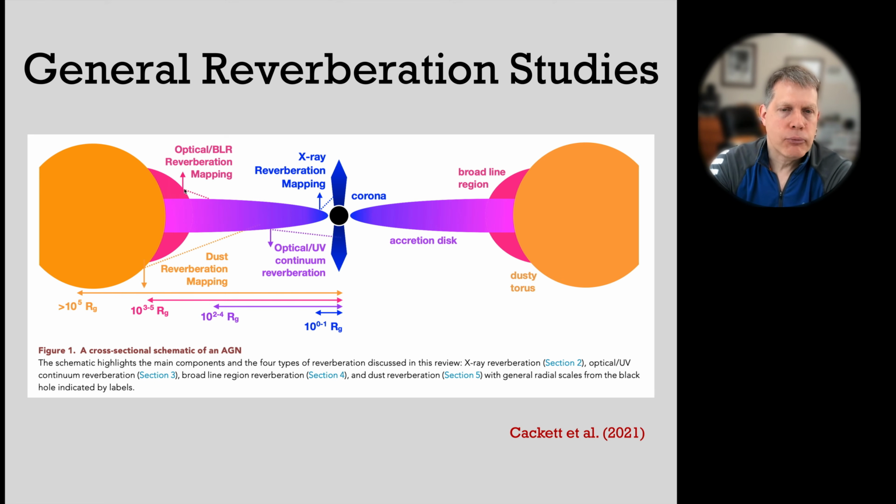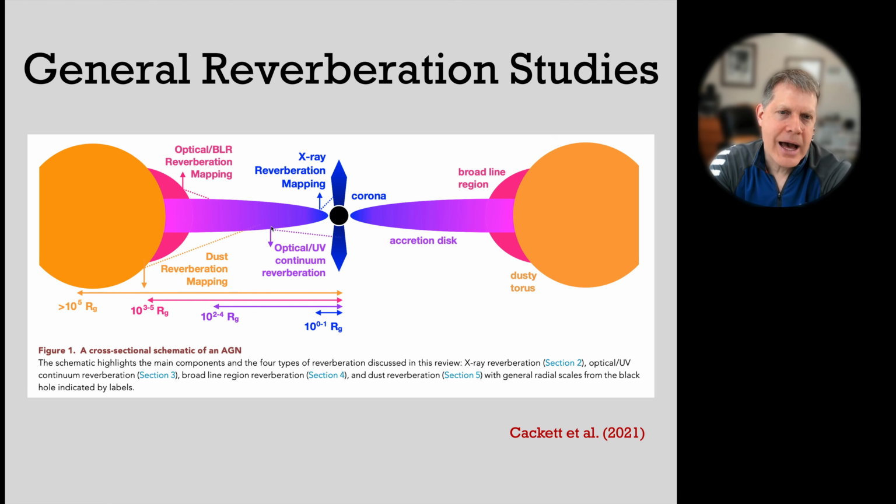You will remember in the previous lecture, I talked about other approaches using this reverberation mapping approach, where people try to study the corona and watch how the corona in the X-rays affects the reflection of the X-rays off the accretion disk. That's X-ray reverberation mapping, which again I talked about briefly in the last lecture. And then there is also optical ultraviolet continuum reverberation, where the idea is you have some driving source on small scales that could be reverberating the accretion disk.